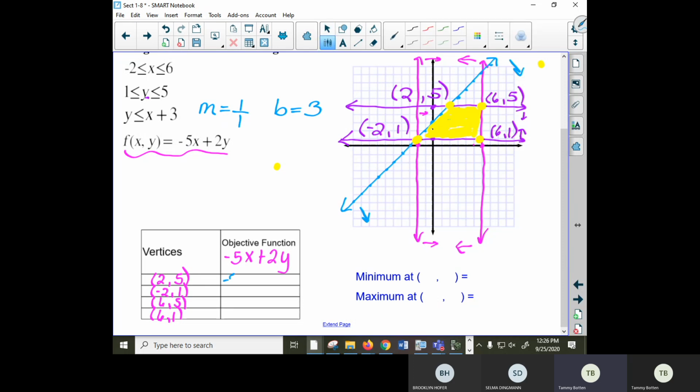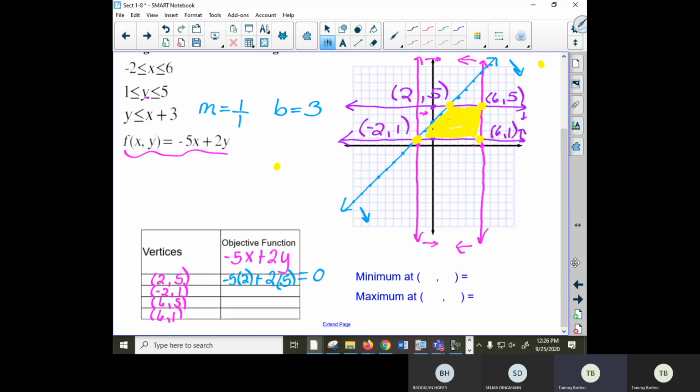If I went -5 and I put x in there as 2 plus 2 times my y is 5. Negative 5 times 2 is negative 10, plus 2 times 5, which is 10, is 0.